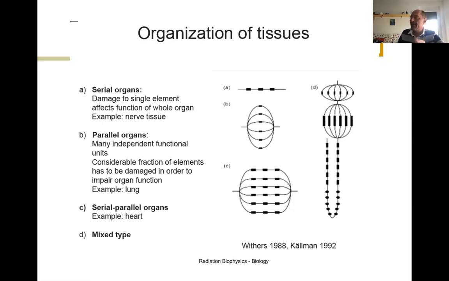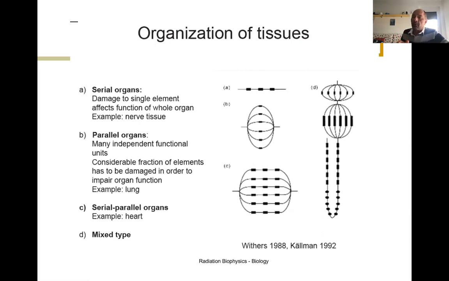Actually, to be sure, the brain is not really purely a parallel organ, but more a mixed type, because depending on where you do the damage, it can be irreparable or repairable. Some damages in the brain are irreparable and lead to the complete non-functionality of the organ. In other cases, you can have severe damage to the brain, but still you can survive.